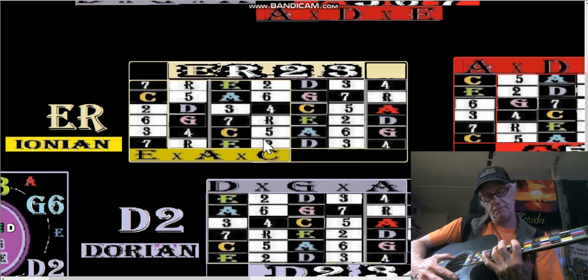It's right here. It's going to be a passing note. So we're going something like this. Sorry, I hit that B again. Pretty lousy playing because I hit that B by accident. But that's our E pentatonic. You can play it anywhere.